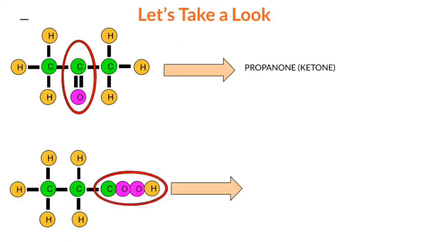But in the second, the functional group is COOH, which represents a carboxylic acid, so its name will be propanoic acid. It is to be noted here, both are 3 carbon chain structures and their names start from prop only, which represents the 3 carbon chain.